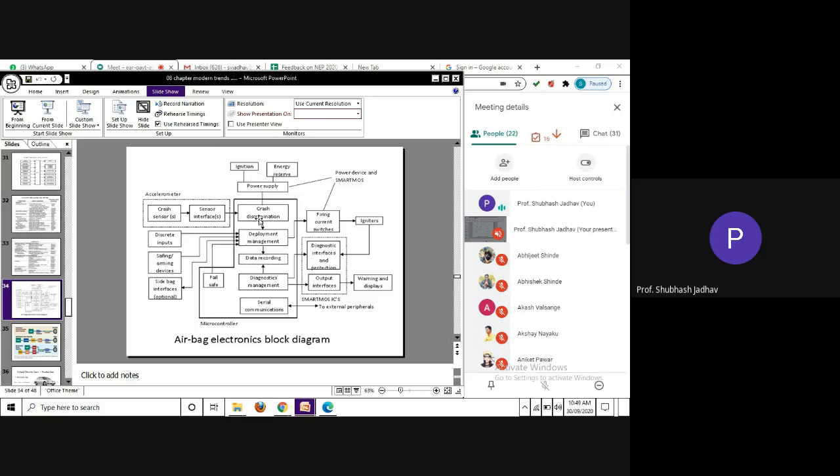So how many signals are required? All those things have to be given to the ECU, and the ECU has to send a signal finally to an actuator to actuate, and then it will come into action. The airbag electronics, this is a block diagram only, so it is so complicated.